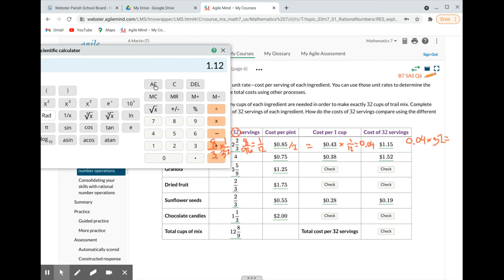We're getting close. I'm going to take my 0.43. I'm going to divide it by 12. I'm going to multiply this by 32. There we go. And then we're rounding to the nearest hundredth. What's the nearest hundredth?